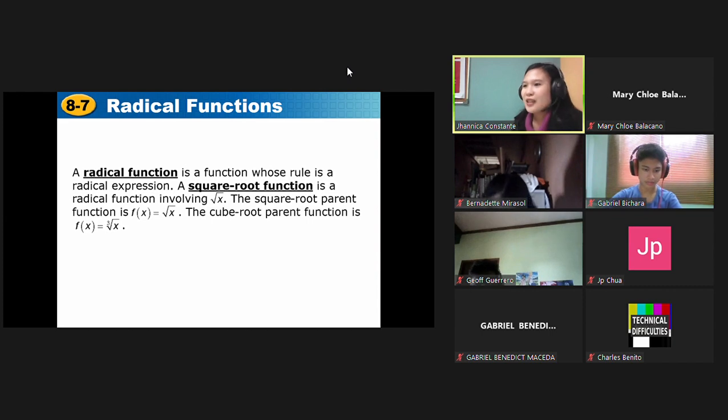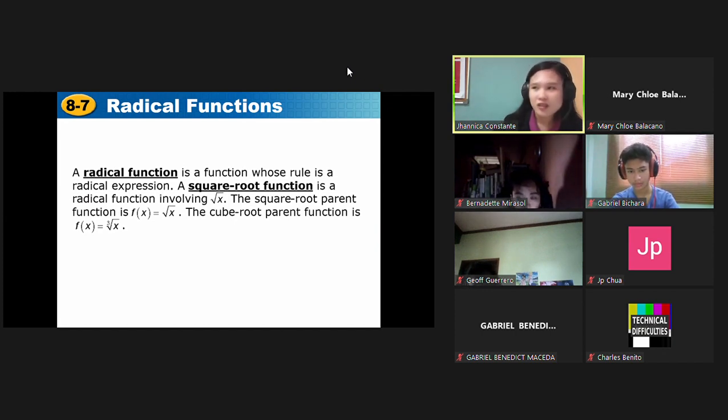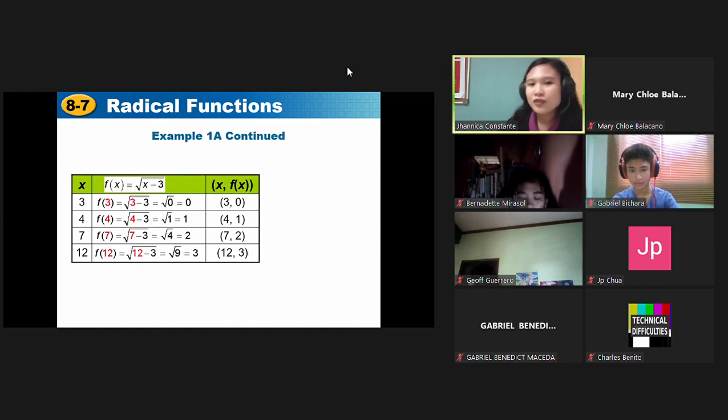Okay. So how are we going to graph a radical function? The same as when we are solving for our quadratic function, nonlinear function, and the other types of functions that we have. We need to solve for the value of y, given the value of x. So you're just going to substitute the given value of x in your radical function.